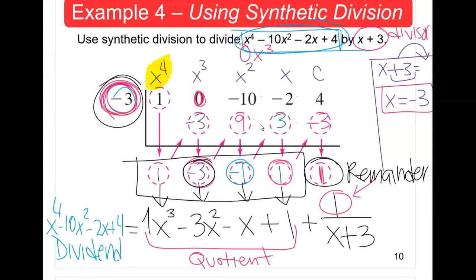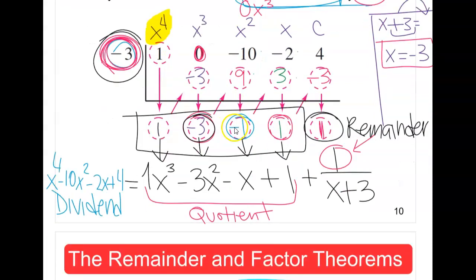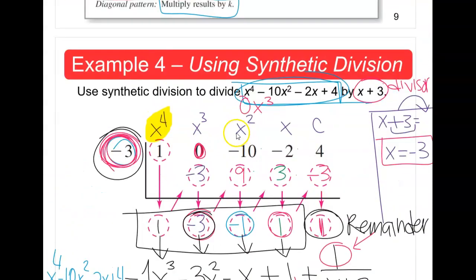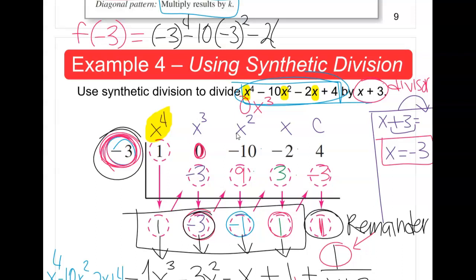So if I was to ask you what is f of -3, you know that you will substitute a -3 here, here, and here for every x that you see there. So let's do that. We will have -3 to the power 4. We will have minus 10 times -3 to the power 2, and then minus 2 times -3, and then plus 4.